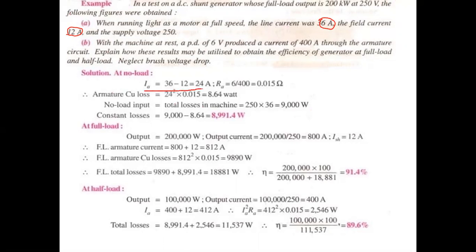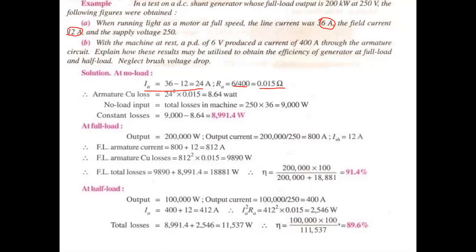You can see 36 minus 12 is equal to 24 amperes, the armature current. Then Ra is not directly given; it is obtained from the data in B. When the machine is at rest, a potential difference of 6 volts produces a current of 400 amperes. Then 6 divided by 400 is equal to 0.015 ohms, the armature resistance.